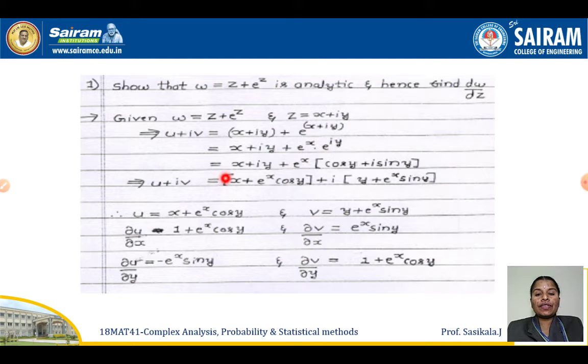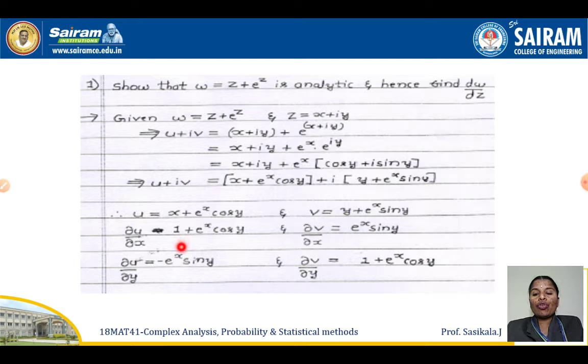Here e power iy I can write as cos y plus i sin y. Then you can see x plus e power x into cos y is the real part, and i is common for the second and fourth terms, which gives the imaginary part. So u is nothing but x plus e power x cos y, and v is nothing but y plus e power x sin y.